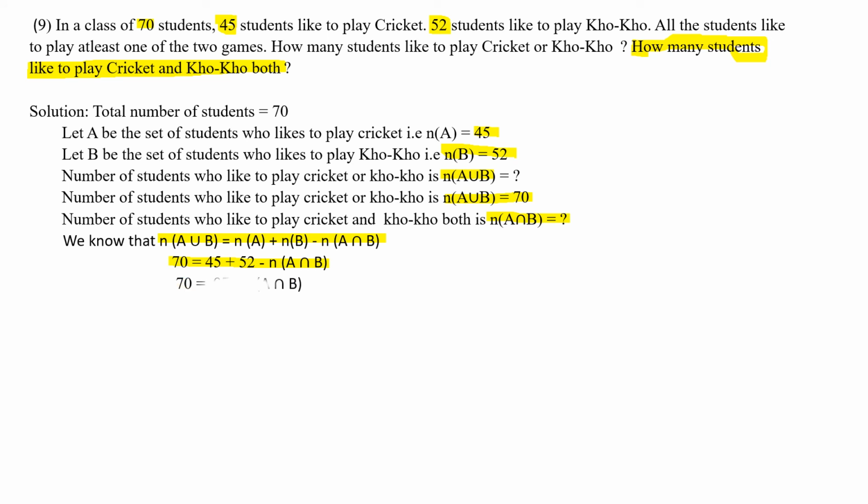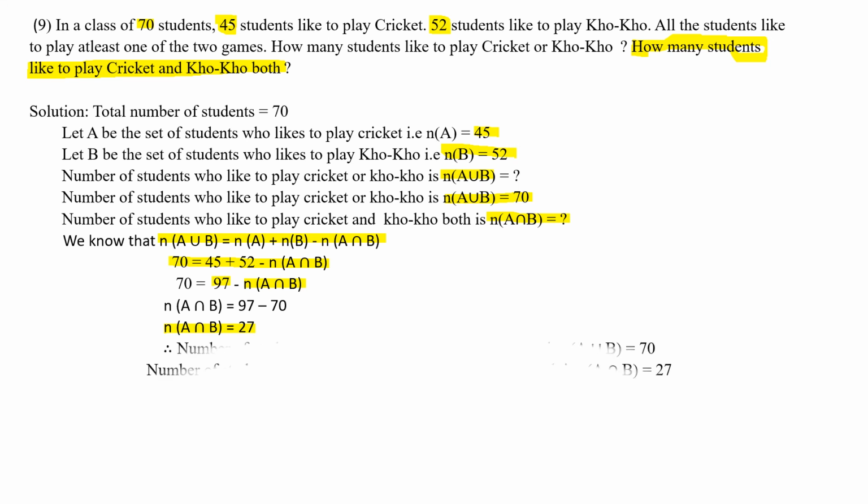Adding 45 plus 52, 70 equals 97 minus n of A intersection B. Therefore n of A intersection B equals 97 minus 70, so the answer is 27. So the students who like to play cricket and kho both are 27.